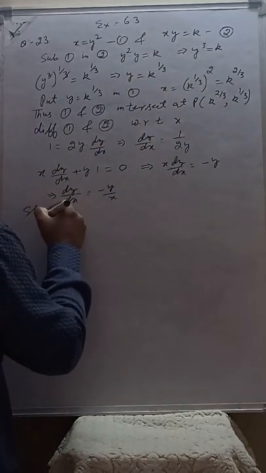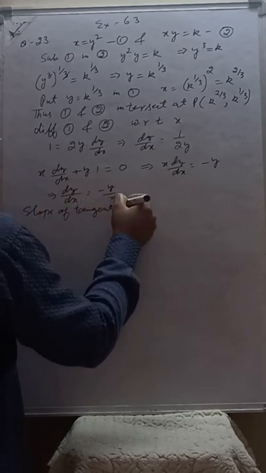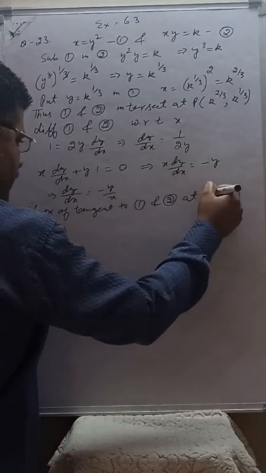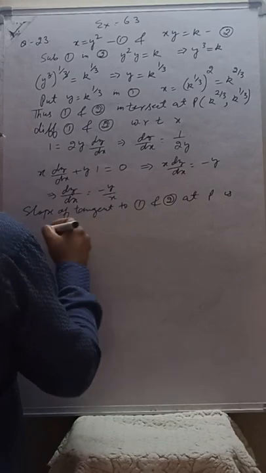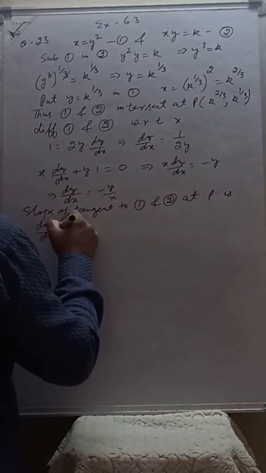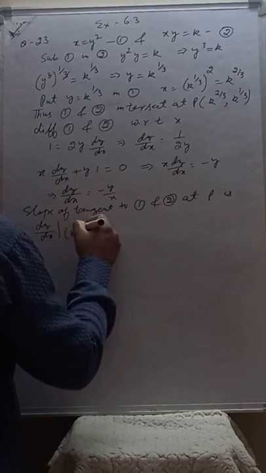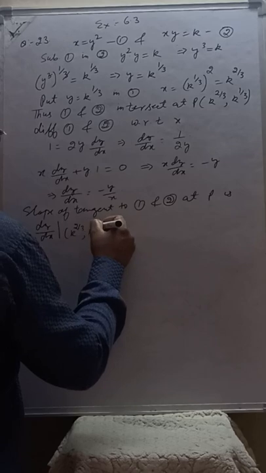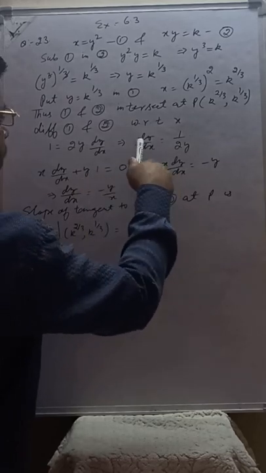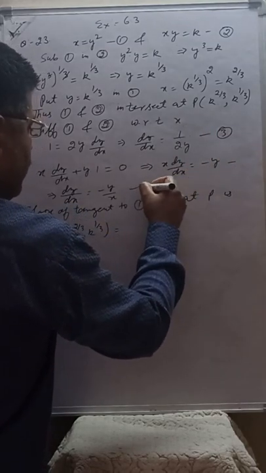So the slope of the tangent to 1 and 2 at P is, let the first dy/dx be number 3 and the second be number 4.